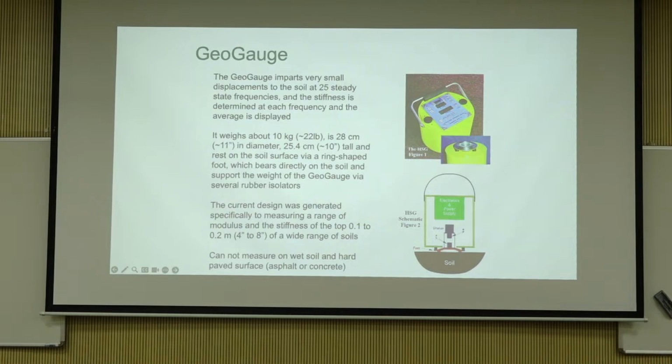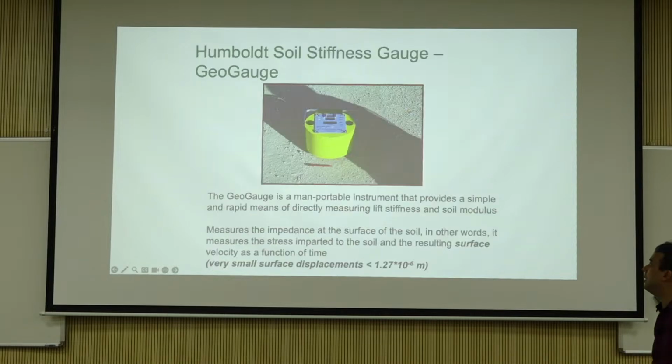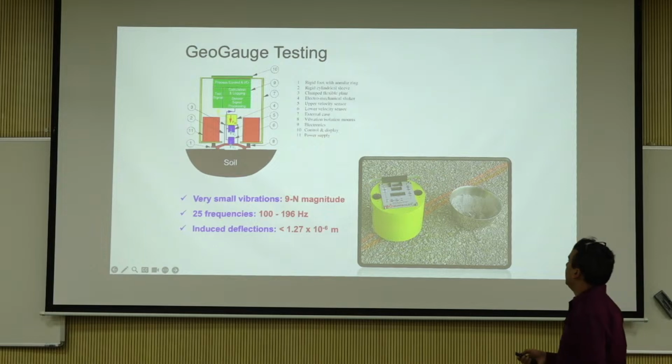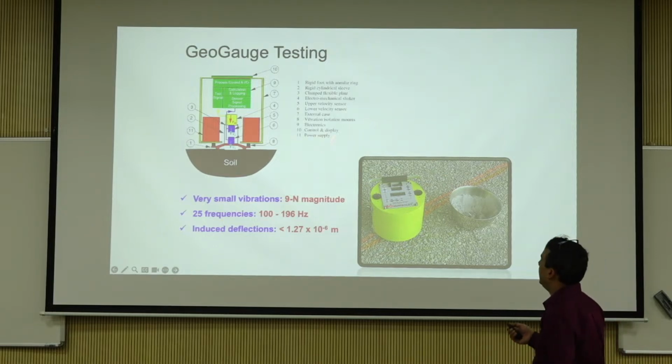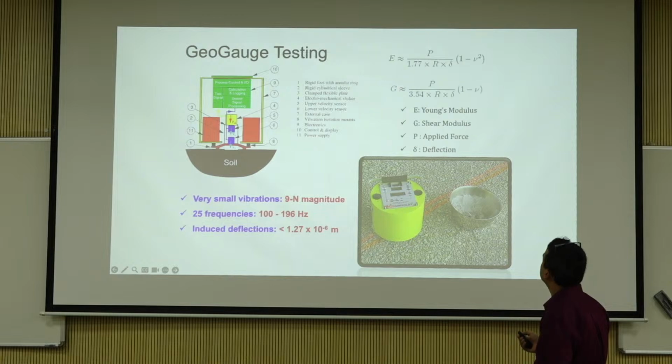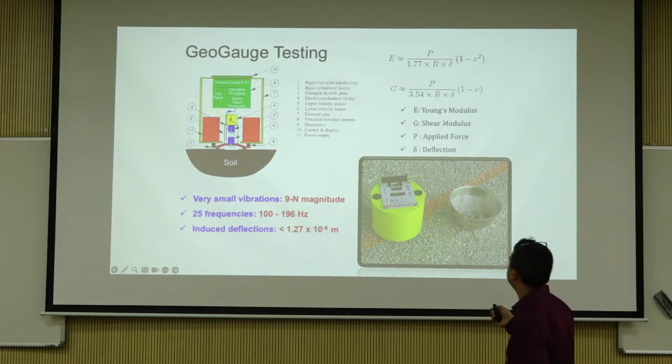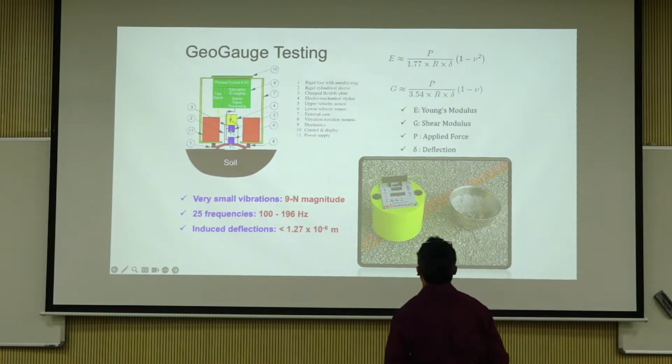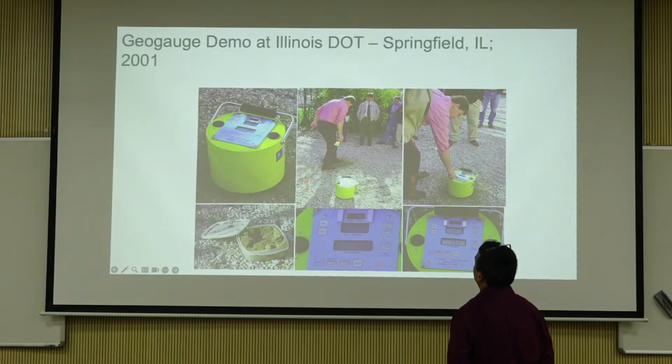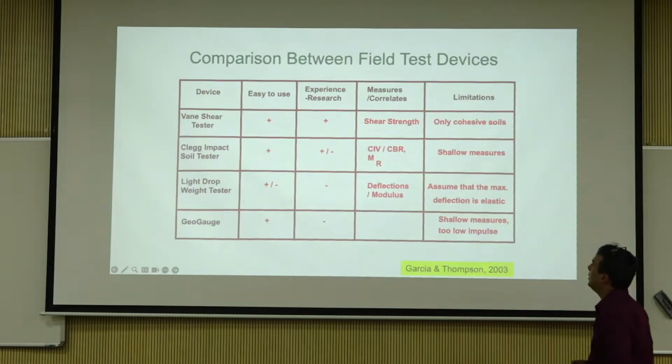You're going to get garbage. It's just going to get vibrated. This is from my PhD work. Very small vibrations. This is the relationship it gives you, Young's modulus and shear modulus. This is just some display we had in one of the projects.